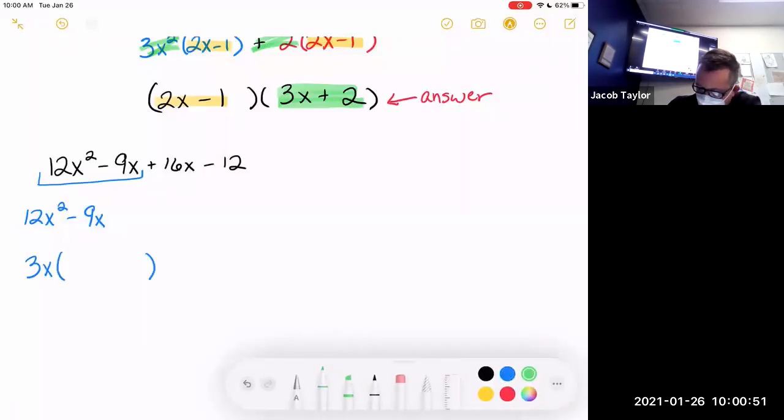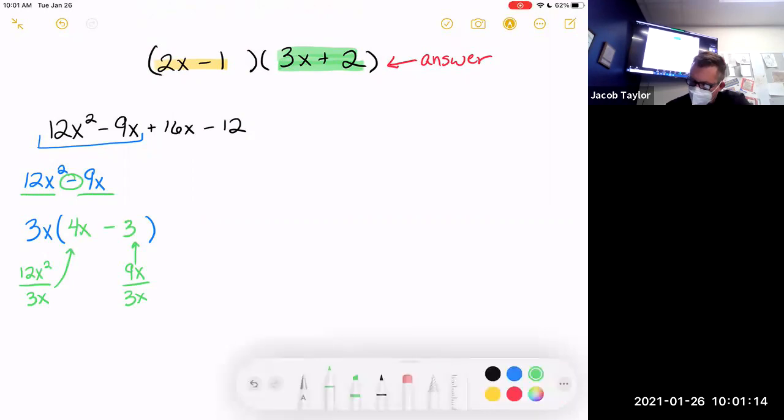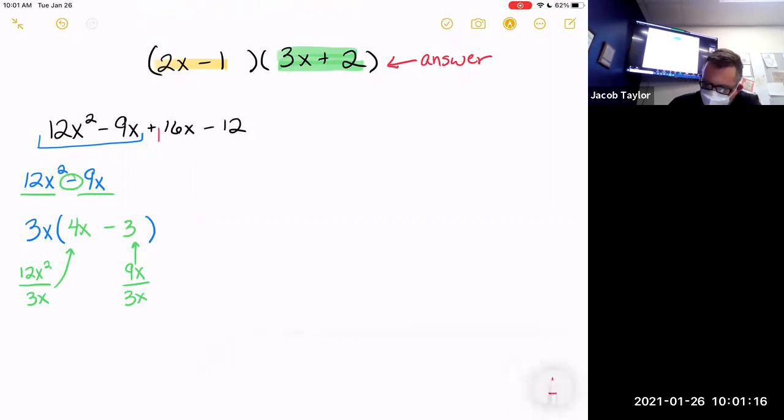Let's figure out what would be left inside the parentheses. We take the first term, 12x squared, and divide by the greatest common factor, which gives us, good. Then we take the second term, 9x, and divide it by the greatest common factor. That gives us 3 with a minus sign in between. Now, hopefully, when we do this next set, we also end up with 4x minus 3 in the parentheses. Let's see. 16x and 12.